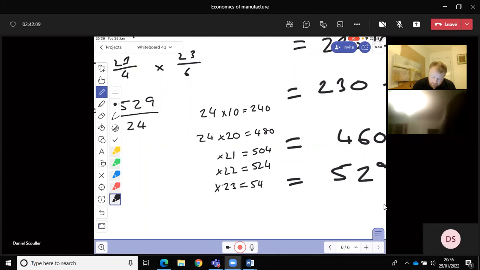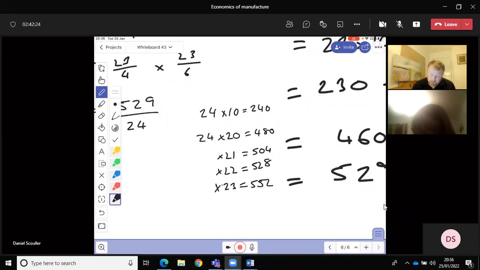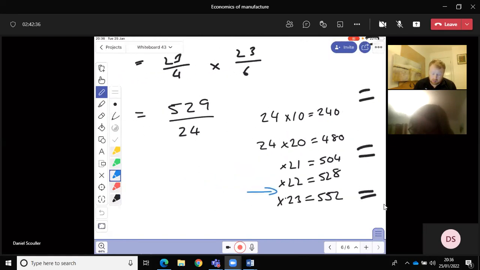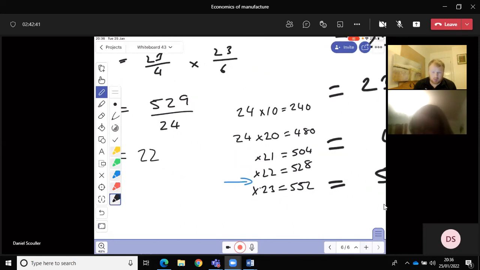So wait, that's 8, so that wouldn't be 40, that would be 50. So that means our whole number is in here. We've got 22 whole chunks. 22 whole chunks takes us to the number 528. So we've got a remainder of 1.